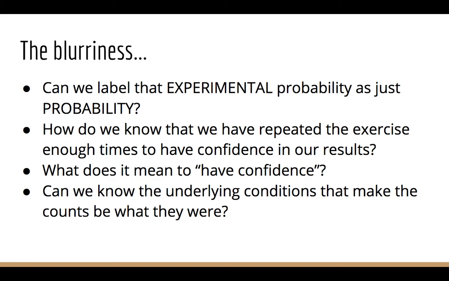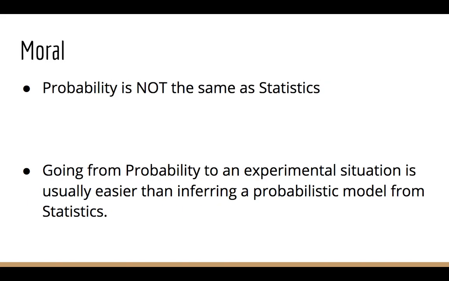So what I was saying at the beginning, that these two fields are separate, but sometimes they give feedback to each other, is this. And the moral of the story is that probability is not the same as statistics, and that you can use them both to go from one direction to the other.